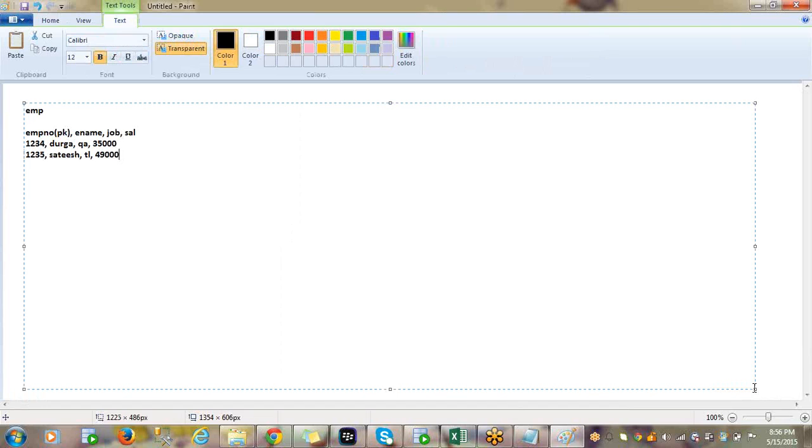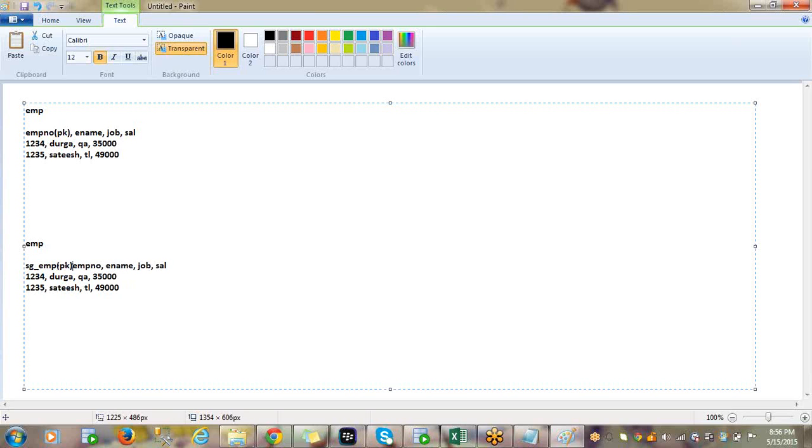All right, this is my database table. Now I'm going to denormalize this particular table. How am I going to denormalize? I'll remove the primary key on the EMP number and generate another primary key called a surrogate key.